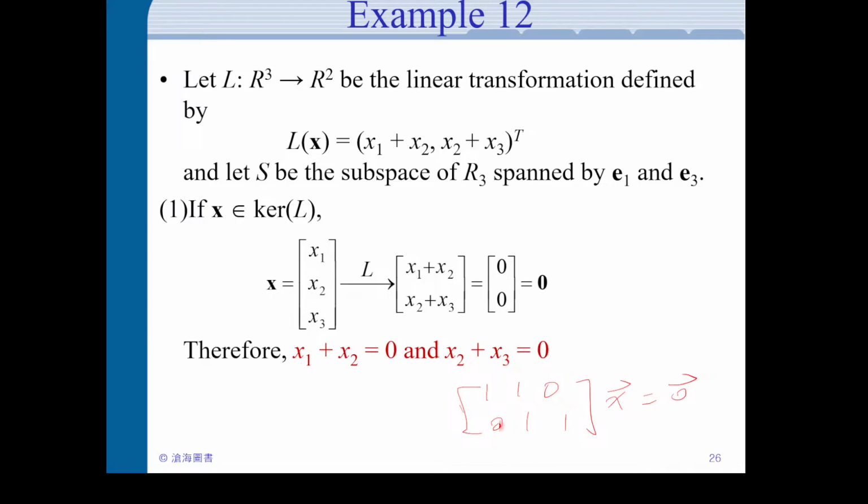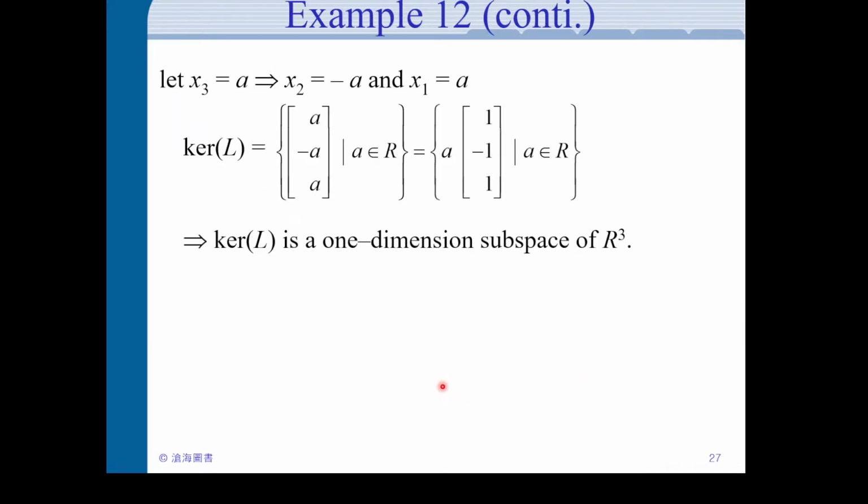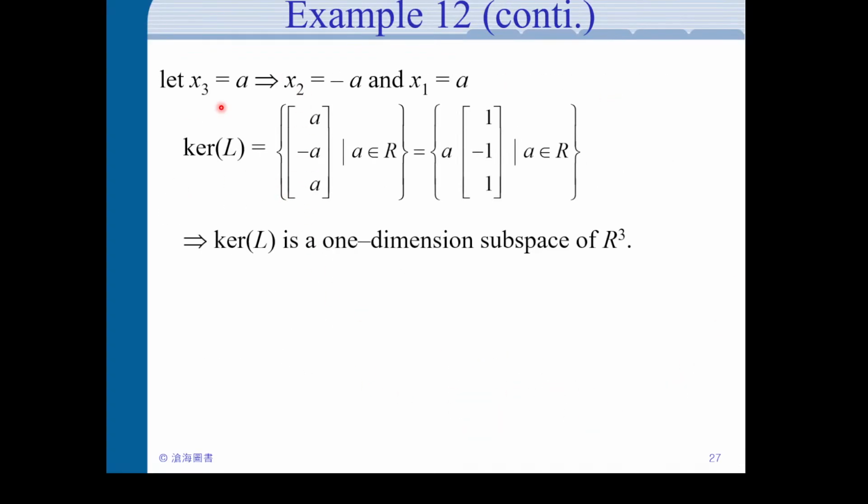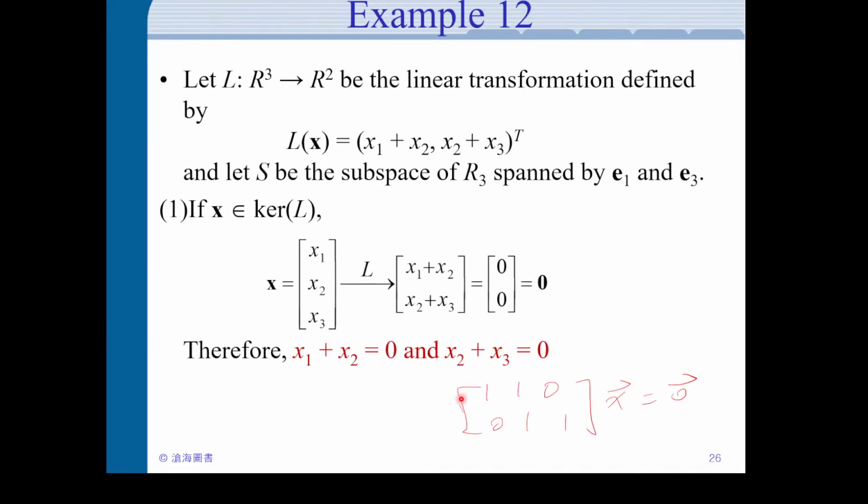You try to find the null space of A, which is already in REF, so it's quite easy to solve. We can set x3 as a free variable, x3 equal to whatever a, then x2 will be minus a, and x1 will equal a. So our kernel will be the vectors (a, -a, a) for every a, or a times the vector (1, -1, 1). So the kernel of L is a one-dimensional subspace.